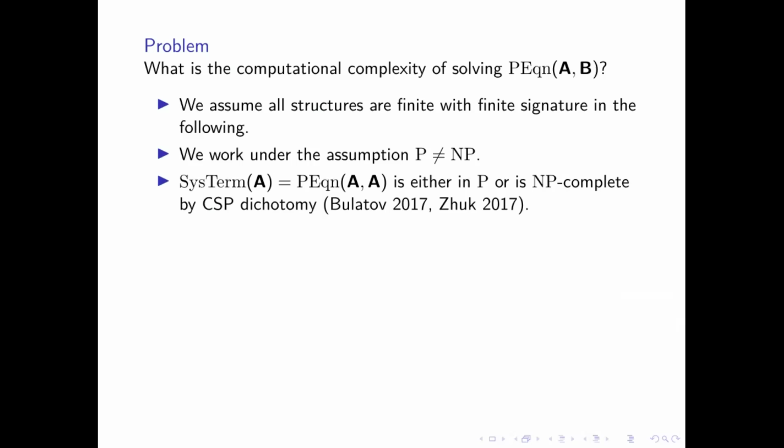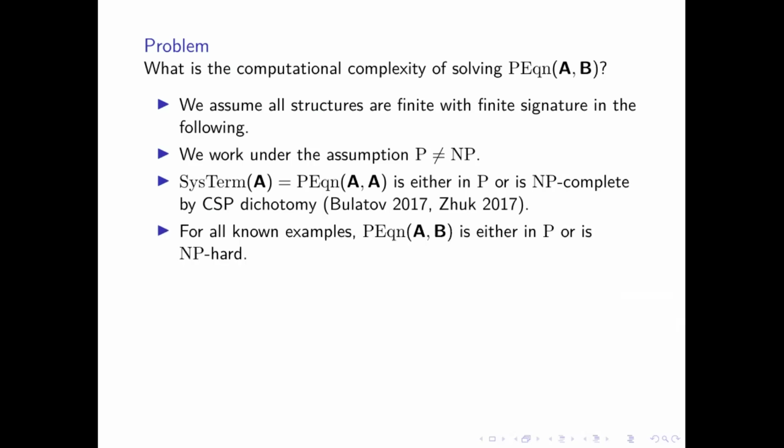So the goal is to get similar dichotomies for the promise equation case. For now, all known examples are either in P or NP hard, the ones that we know about.